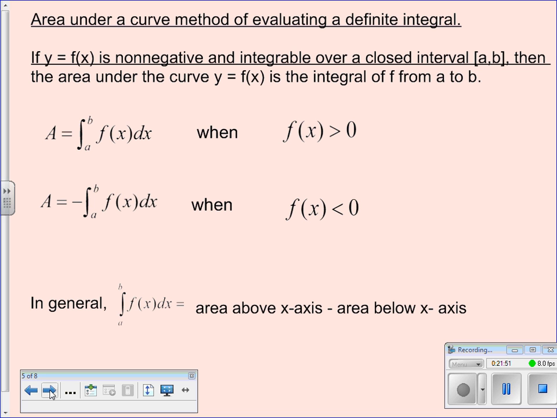You only had 4 rectangles at a time, not an infinite number of rectangles. An infinite number of rectangles is so close we actually call it the exact value, not an estimation anymore. But when you use 4, that's an estimation. There are other ways of doing this. We will learn ones to do it no matter what, but the ones we're going to work with today are actually calculating the area using our geometry skills.